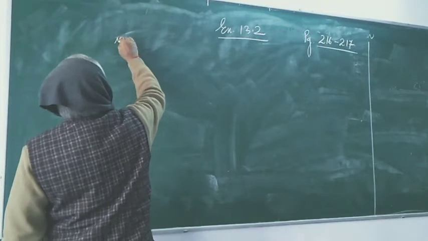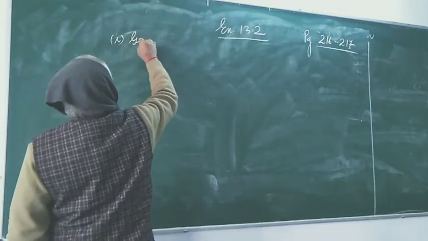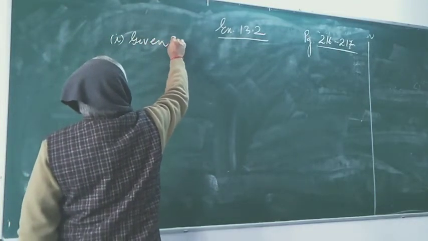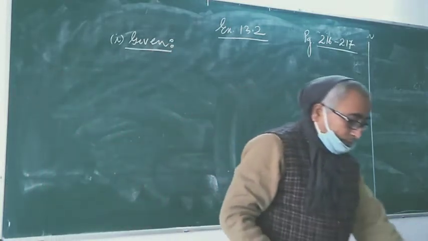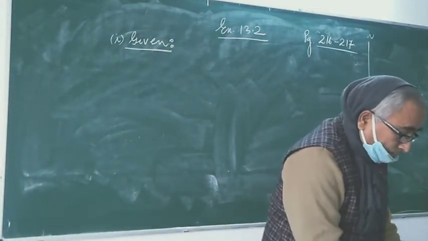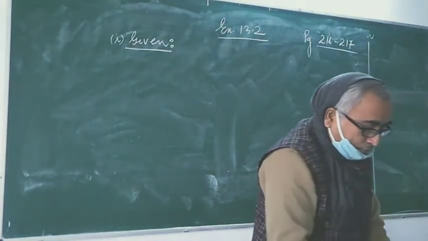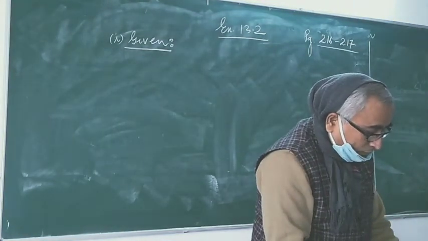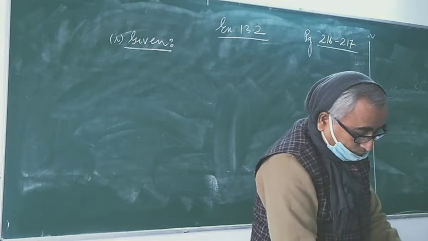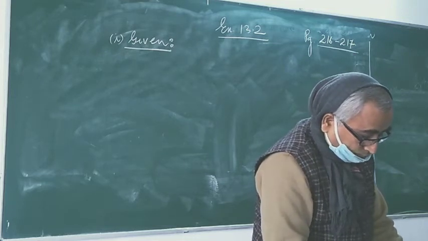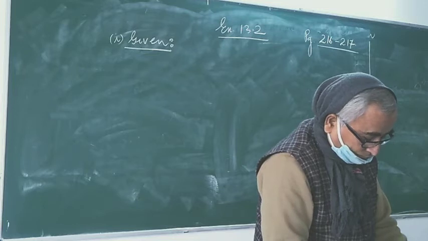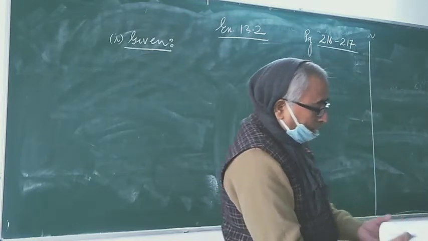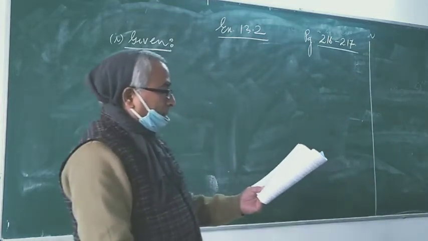Question number 1. What is given there? Try to follow what is given. In question number 1, what is given?